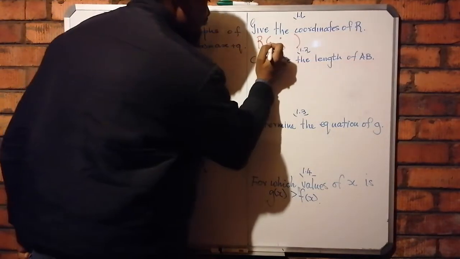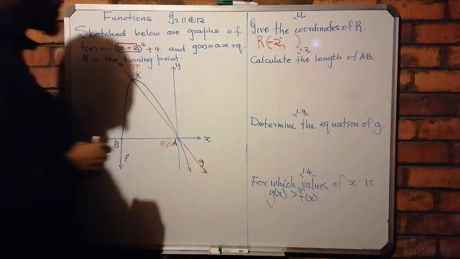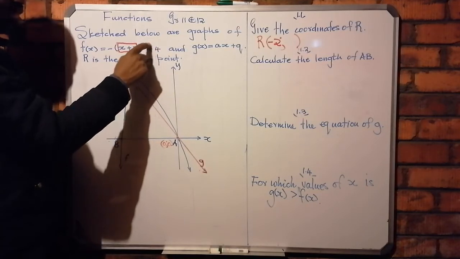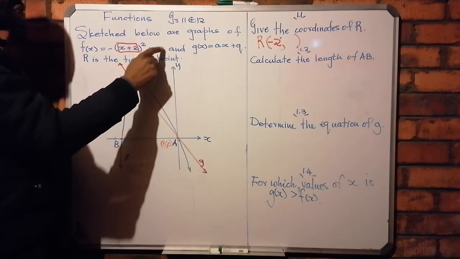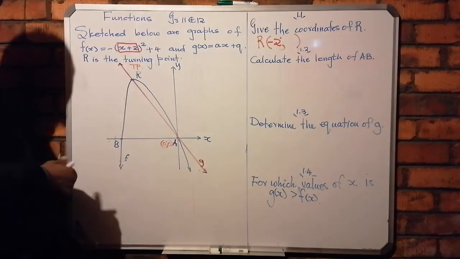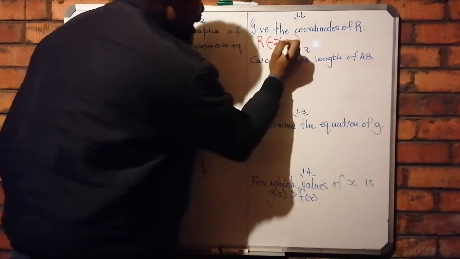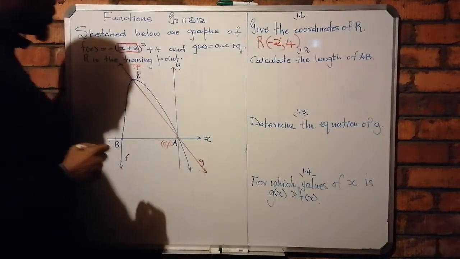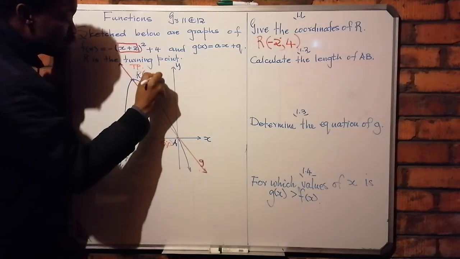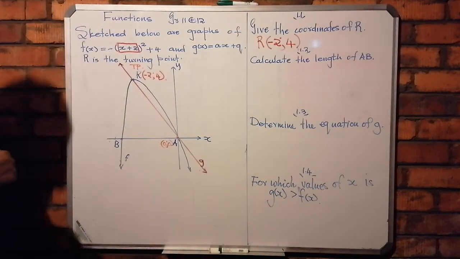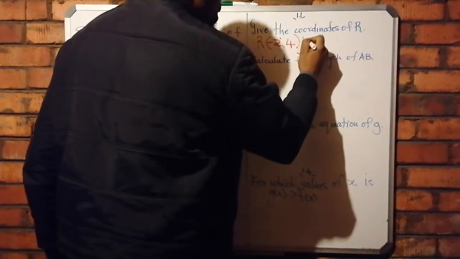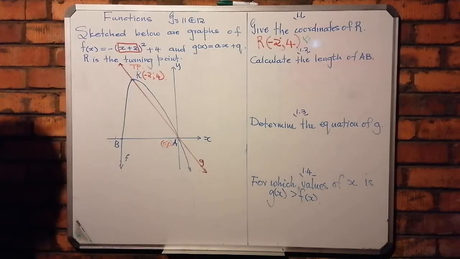That means here we have a negative 2. Then the value of q is taken as it is with its sign, and it becomes the value of y of the turning point. That means that is 4. Now the coordinates of R are minus 2 and 4. Normally it would be 2 marks. We have just got ourselves a very easy 2 marks.